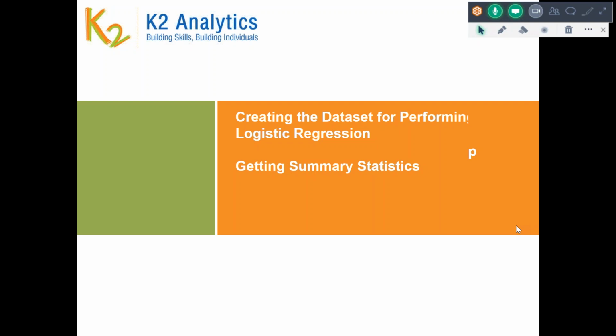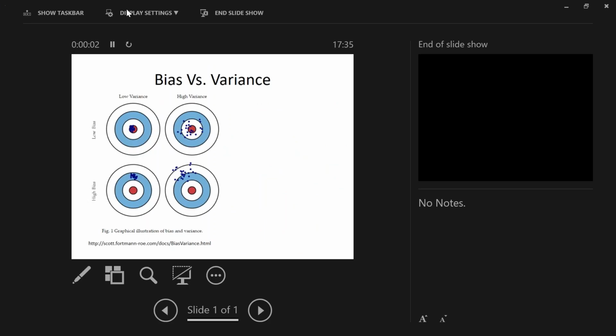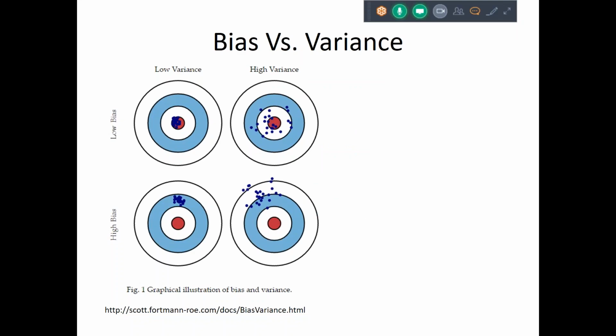Now let us understand what is bias. Just give me a second. So coming to Shriram, your question on bias versus variance. See, error has two components. One component is called bias and the second component is called variance.